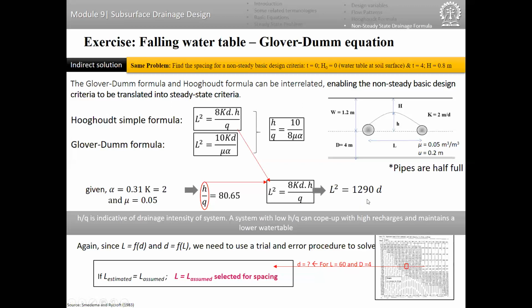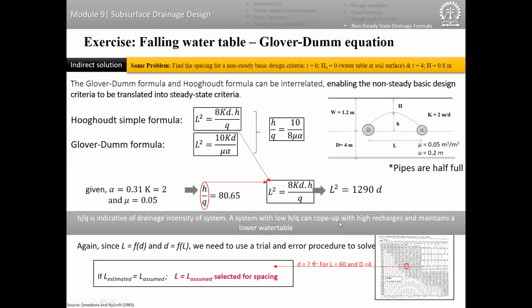So same expression here again. Here again in a similar way, by assuming some value of L and this d value, we can read from this table the value of d, and then we can calculate the estimated value of L. If the estimated value of L is equal to the assumed value, then we can continue with the same. Otherwise, we have to change. The same approach can be followed.